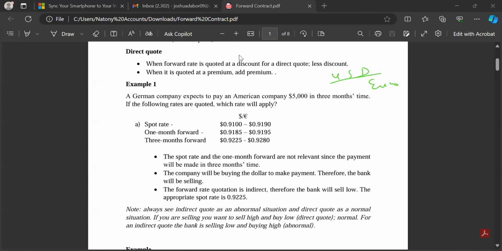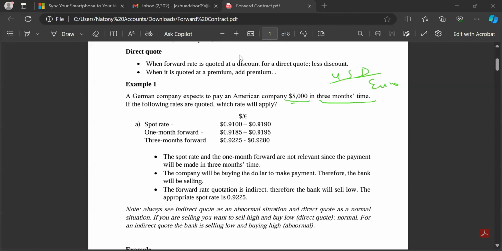A German company expects to pay an American company $5,000, 5,000 USD, in 3 months' time. These are the amounts, these are the payment dates. If the following rates are quoted, which rate will apply?